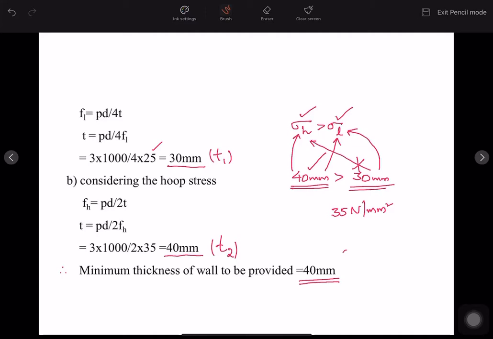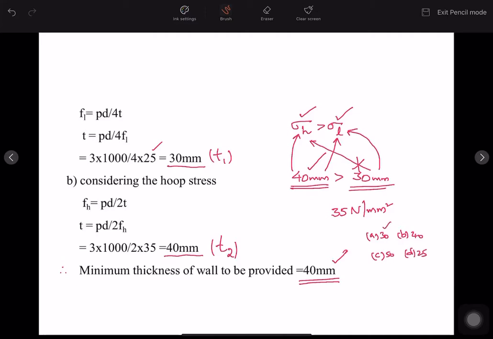Such types of numericals will be useful from the competitive examination point of view. We'll solve both the values, and the options will be A 30, B 40, C some 50 and D some 25.